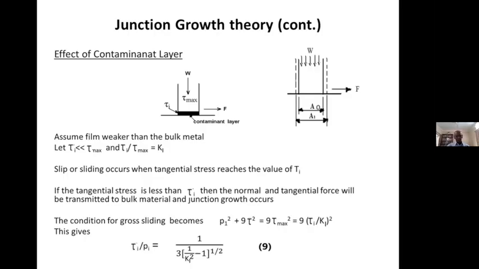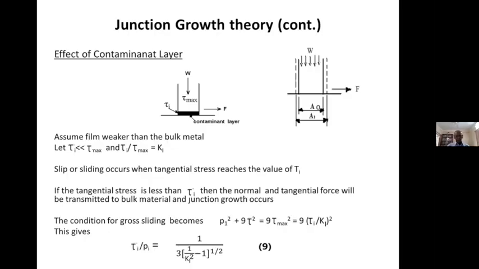Now, in equation 9, the left-hand side tells you what happens to the contaminant layer. Tau I is the yield stress of the contaminant layer, and P1 is the stress being applied on it, because P1 is the pressure developed due to the normal load on the enlarged area.